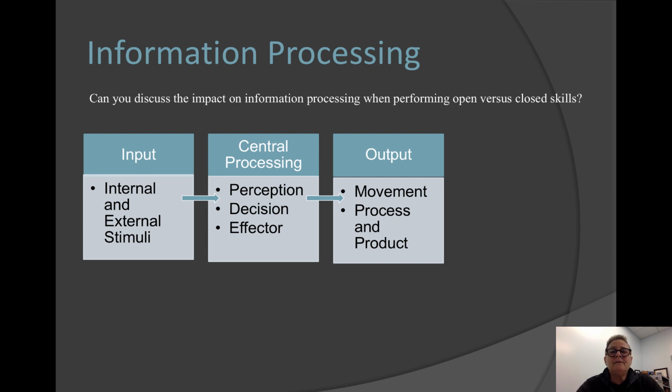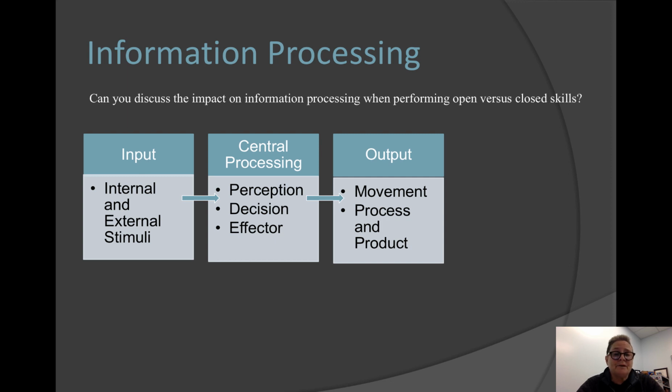I want you to think about these open and closed skills and consider how central processing might be affected by whether a skill is open or closed. Note that in a closed skill, I could predict the relevant factors of the environment, where the ball is going to be, or the object is going to be.